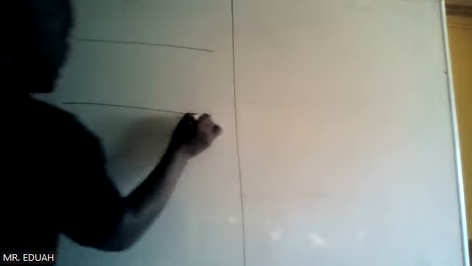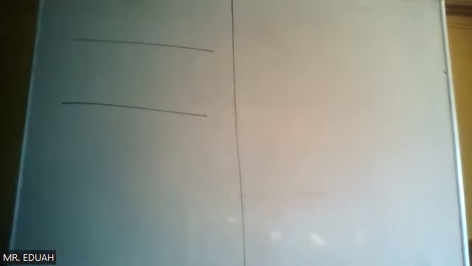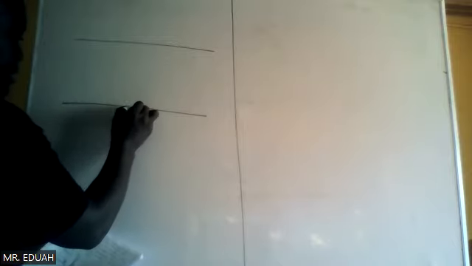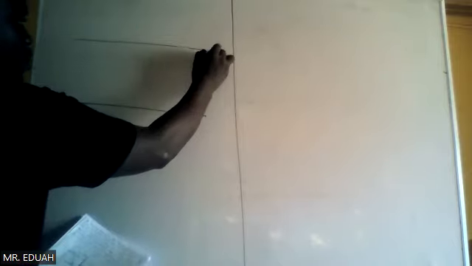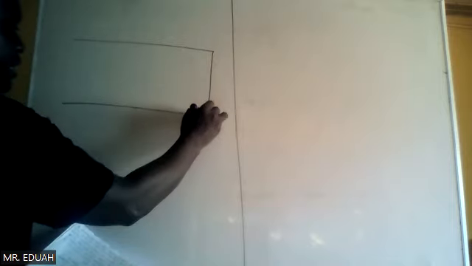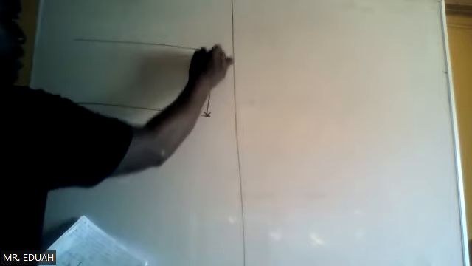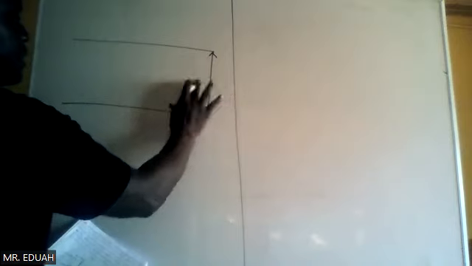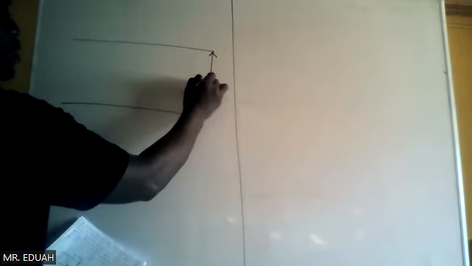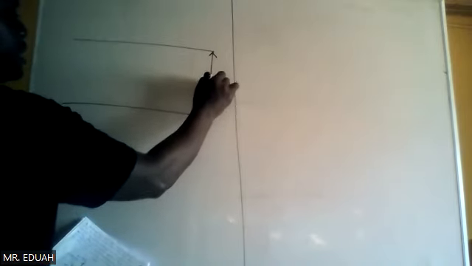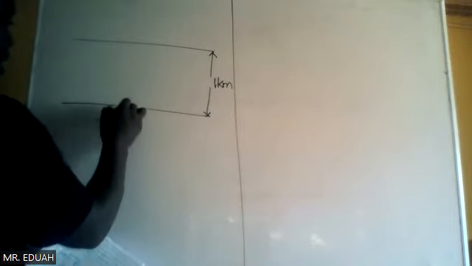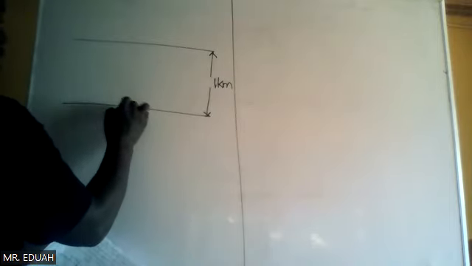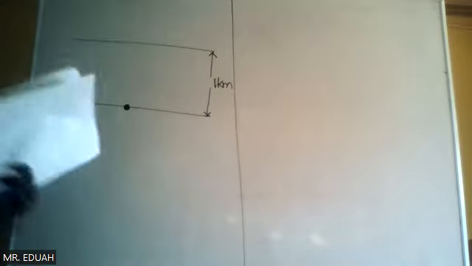Okay, so if this is the river, and the boatman, this is the width of the river, and the width is equal to 1 kilometer. Assuming he starts riding the boat from this point.